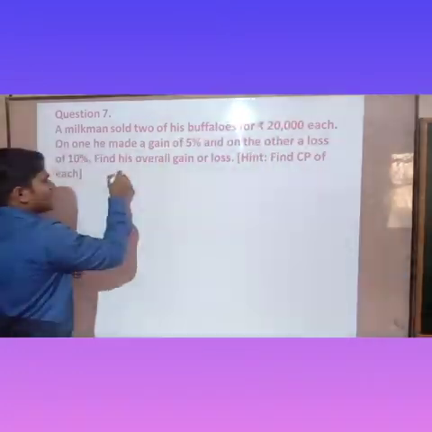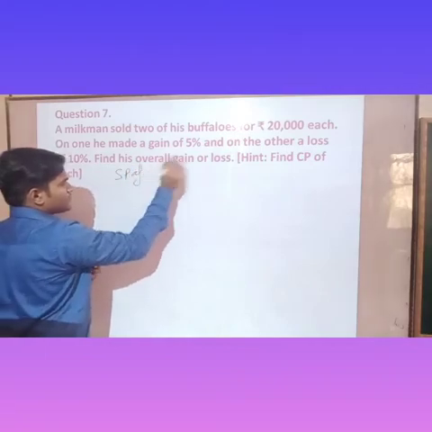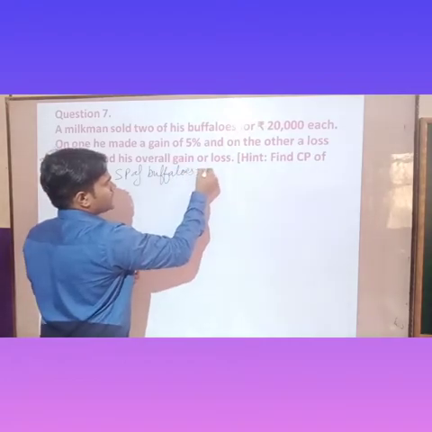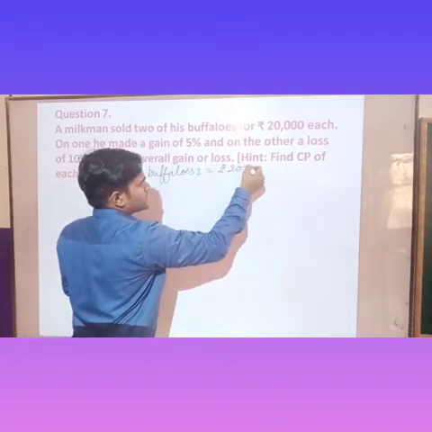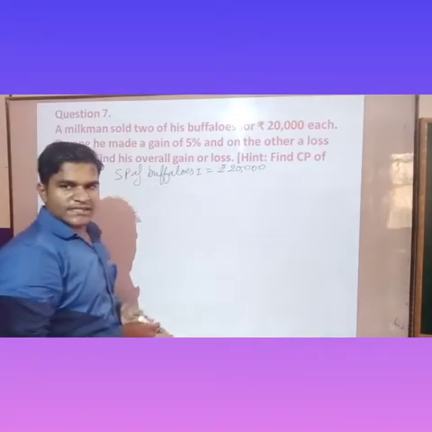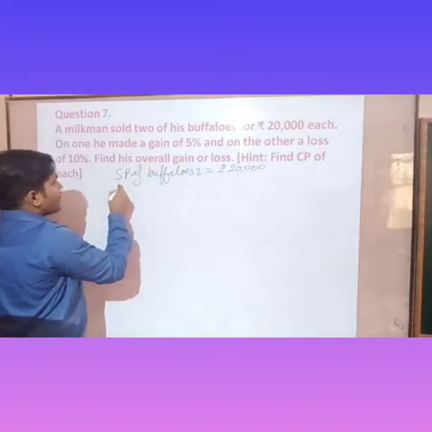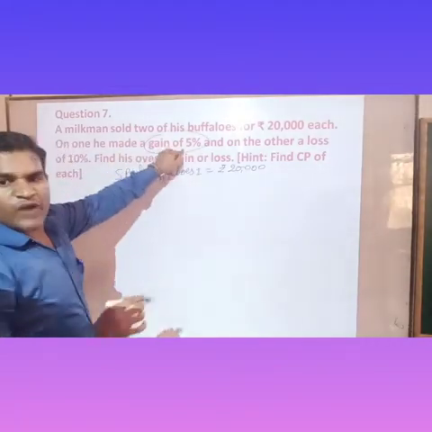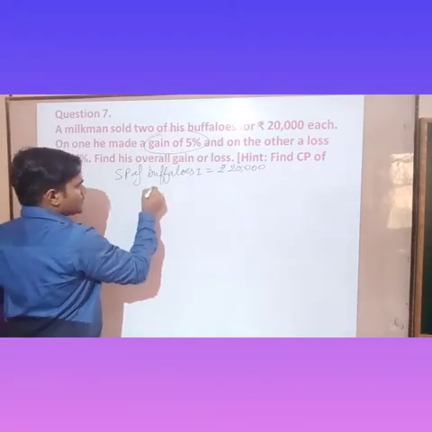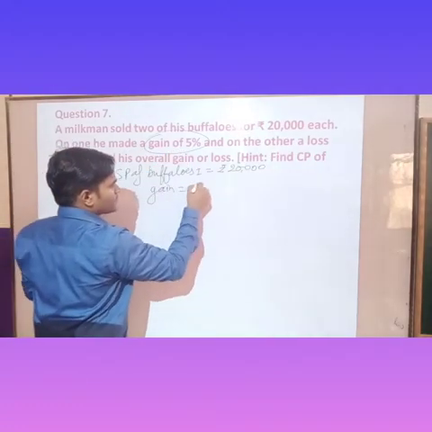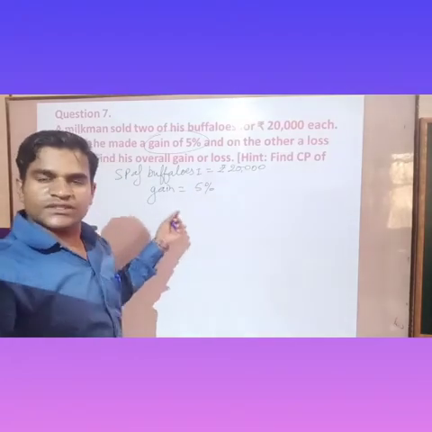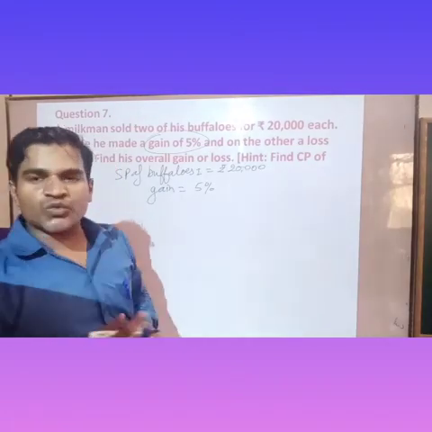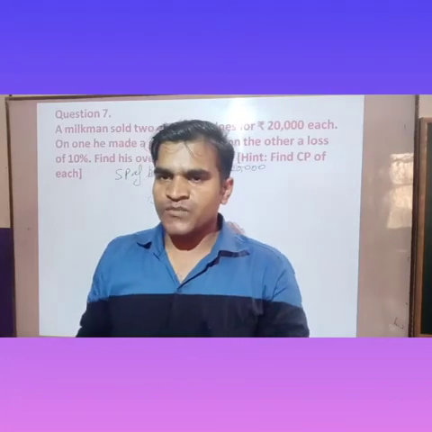So the SP of buffalo 1 is rupees 20,000, and on one he gained 5%, means 5% profit. So what is the CP, the cost of the first buffalo? We have to find.